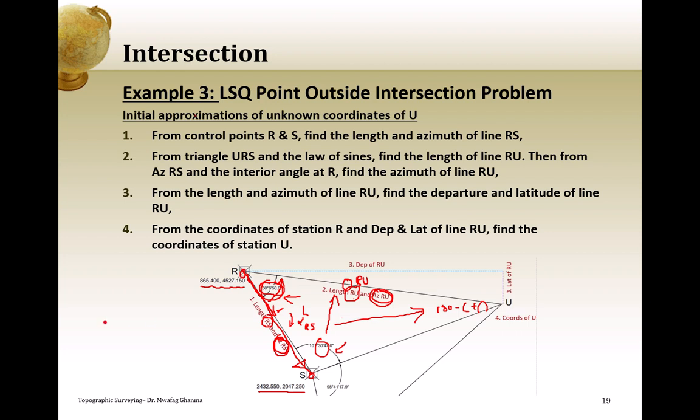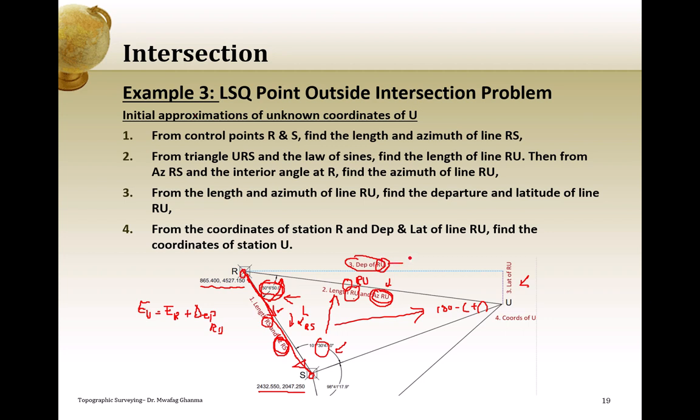What can we do? We can calculate the departure of this line, and we can calculate the latitude. So what do we have from the surveying course? The easting of point U equals the easting of point R plus the departure between R and U. How do we calculate it?